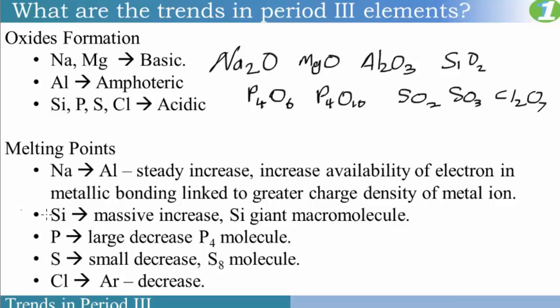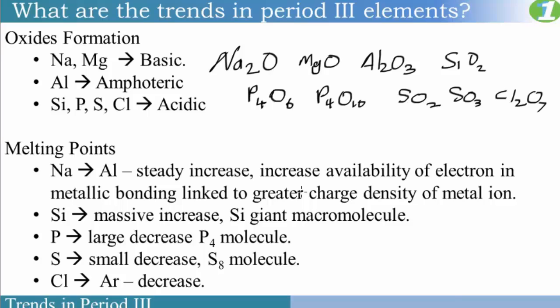And so P, which is phosphorus, would decrease, forming P4 molecule. Sulfur would decrease, forming S8 molecule. And chlorine to argon will also decrease because chlorine, of course, formed the simple molecule Cl2. So going across period 3, there should be a general decrease in melting point.